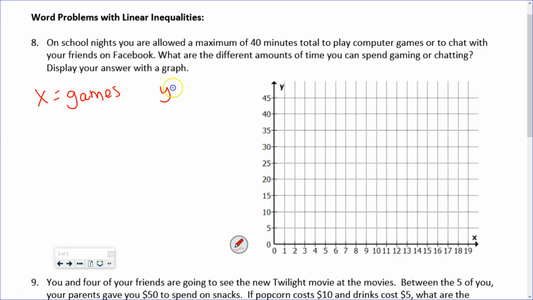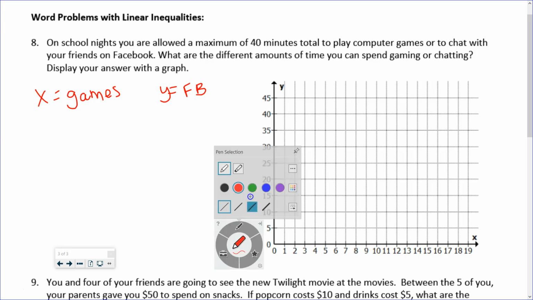And my y is going to be my minutes on Facebook. So yes, here we go. We have computer games or we have Facebook. How much time do I get to use on these two things?